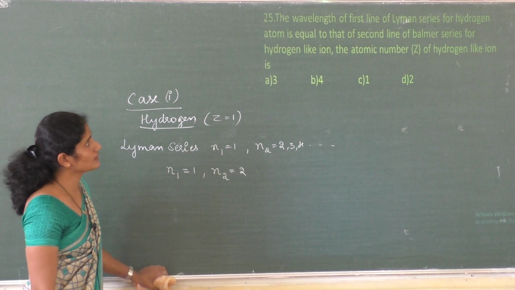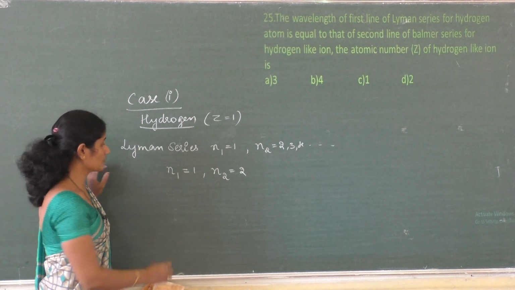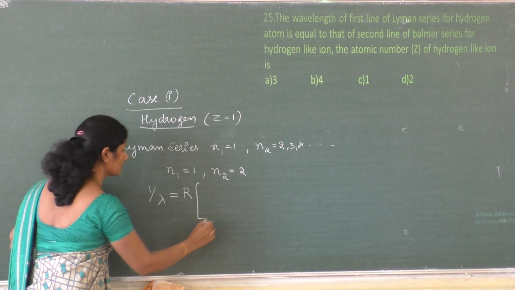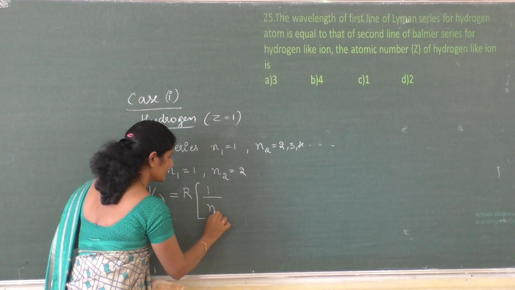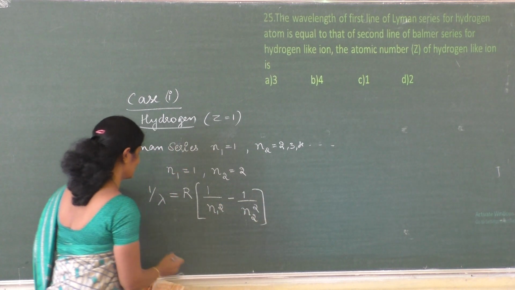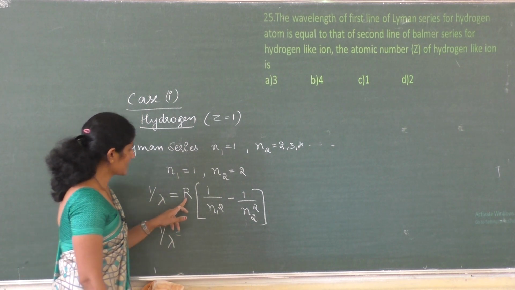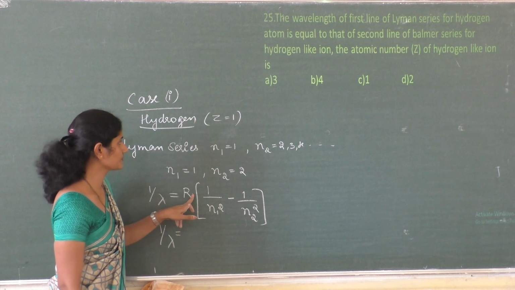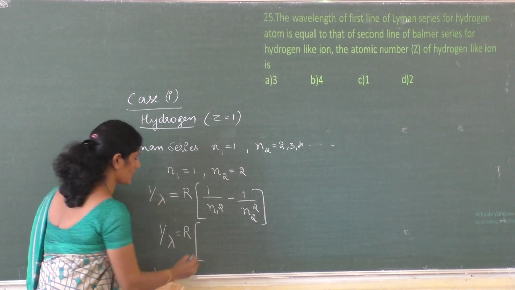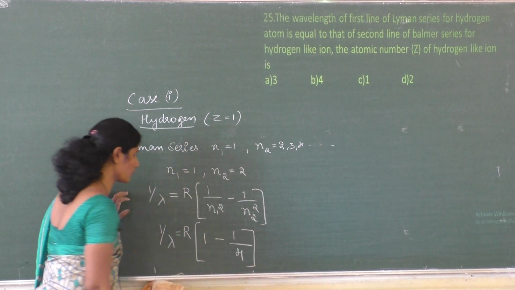What is the expression for wavelength? We know the expression for wave number: 1 by lambda is equal to r into z square into 1 by n1 square minus 1 by n2 square. Z is 1, so r. 1 by n1 is 1, 1 minus 1 by n2 is 2 square, that is 4.